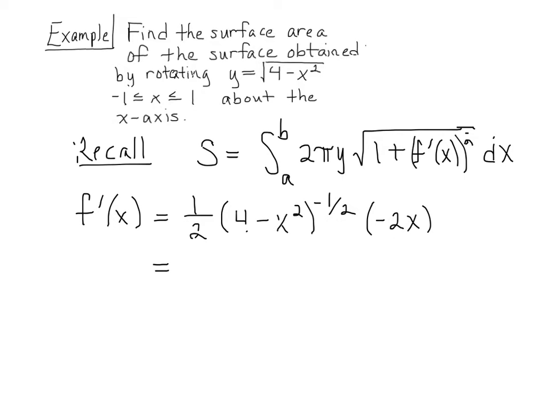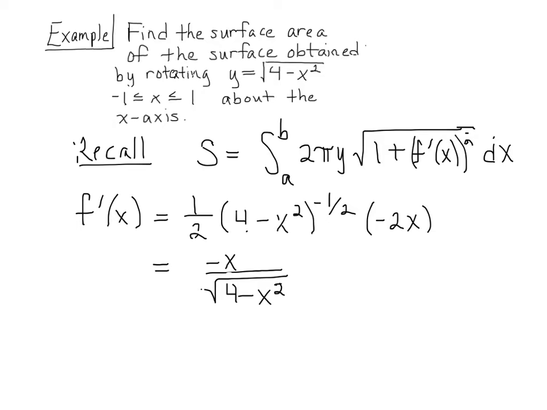We simplify that and get negative x over the square root of 4 minus x squared.